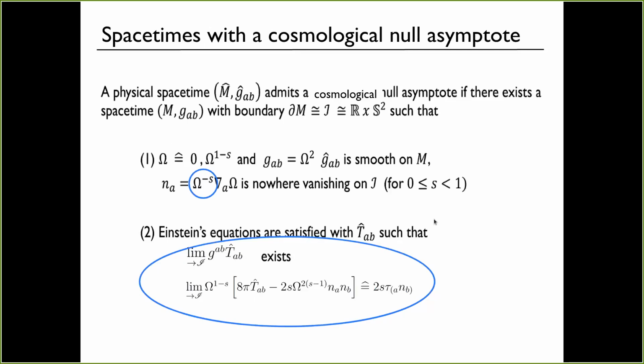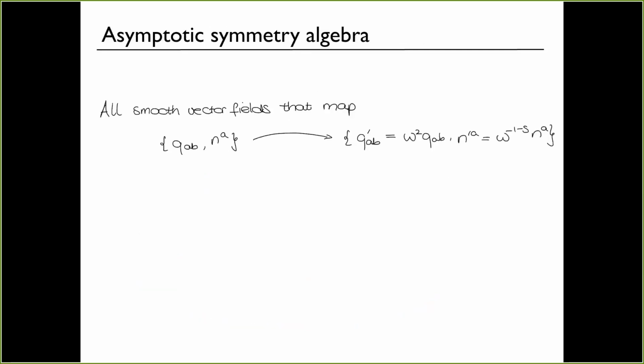Given this structure, we can play the same game and ask what the universal structure is. It turns out to be very similar. The universal structure will be Q and N, but now the Q's and N's are not just related by this omega squared factor.